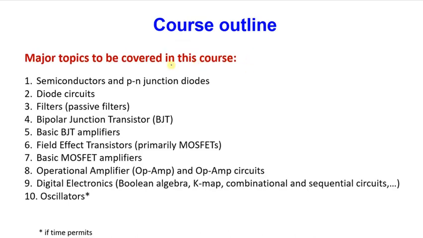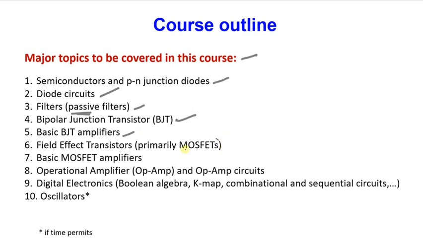These are the major topics that we are going to cover in this course. The first one is semiconductors and PN junction diodes, right? Then different diode circuits, then filters. Primarily we will focus on the passive filters. Then bipolar junction transistor or BJT, then basic BJT amplifiers, then field effect transistors or FETs.